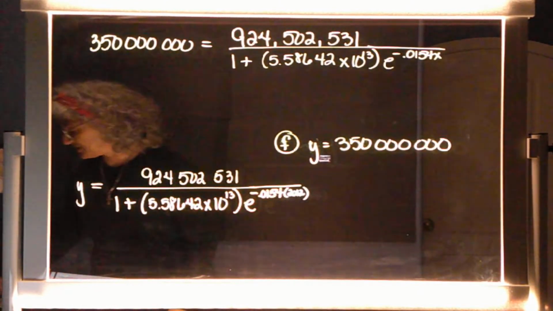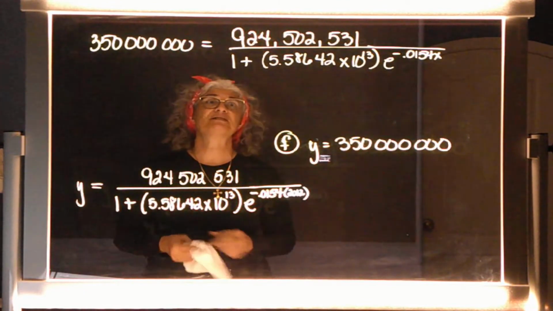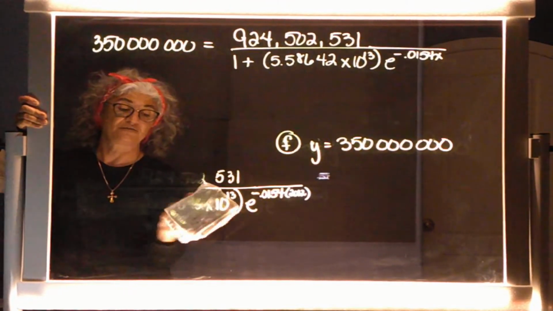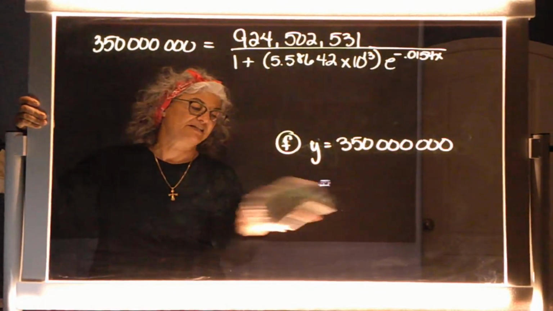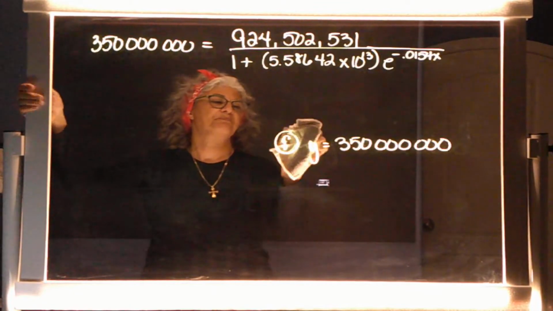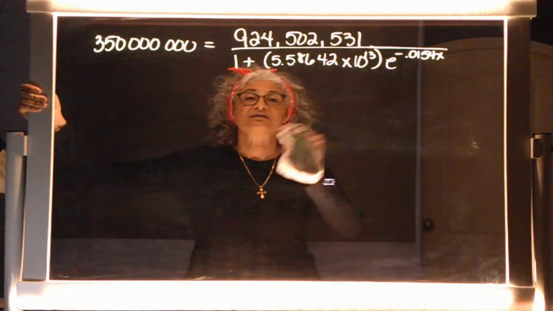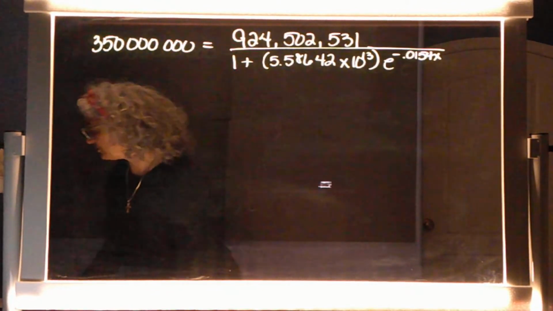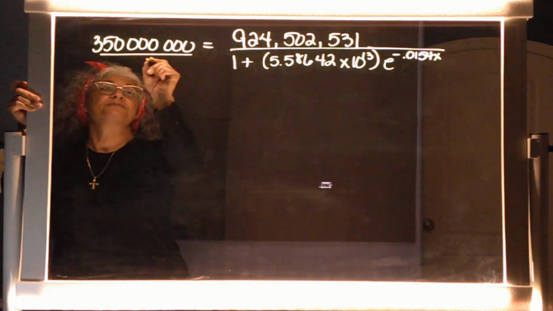Okay, so what do you think the first thing you're going to have to do is? This looks like something we've already solved in a previous lecture. In exponential and growth models, we solved something that looked like this. So hopefully you remember. Yeah, I am going to make the left side into a fraction, and I am going to cross multiply, because that will make life a little bit easier.